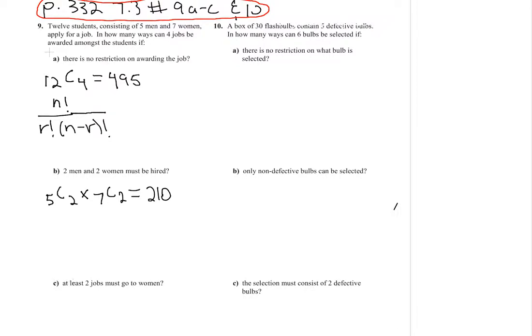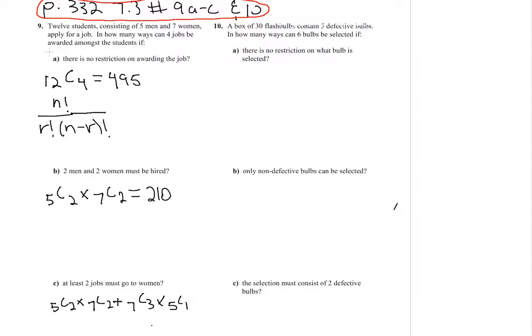So for C, at least 2 jobs must go to women. This gets a little more complicated because we have multiple options. We could have, out of the 5 men, choosing 2, 5 choose 2, and out of the 7 women, choosing 2. Or, and or means plus, of the 7 women you could choose 3, and then you're left with, of the 5 men, choosing 1.